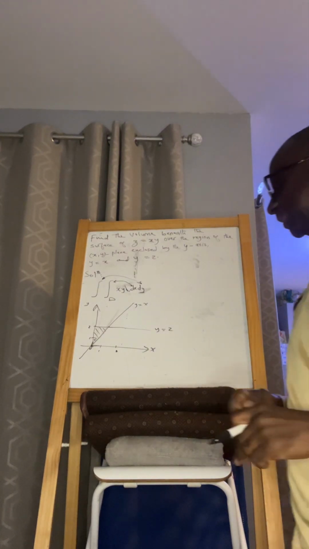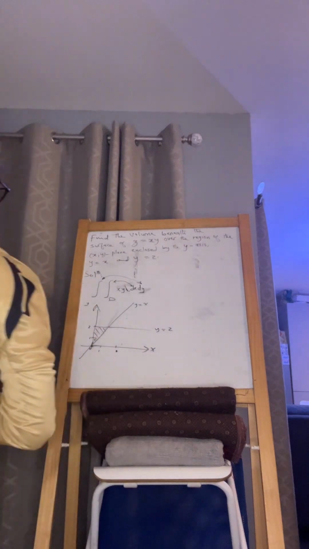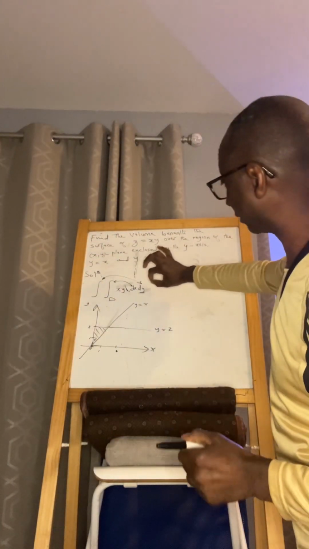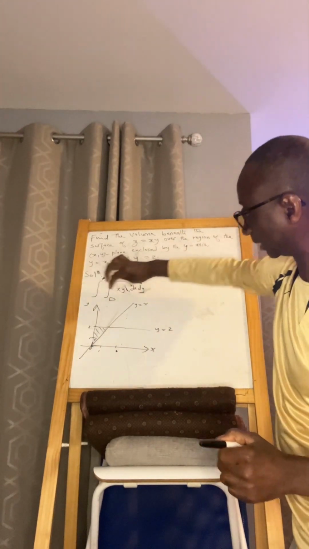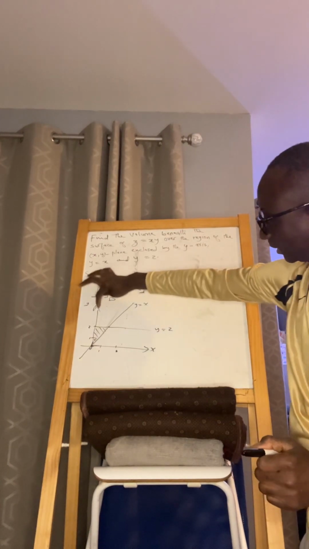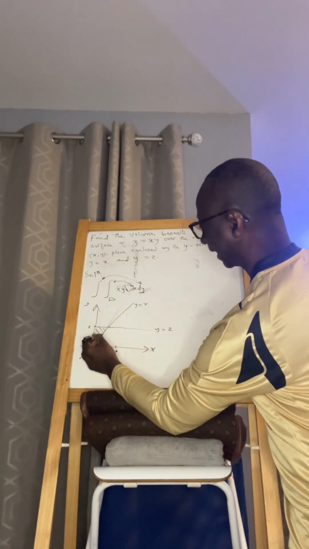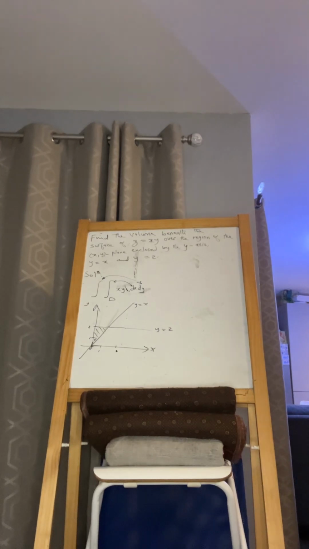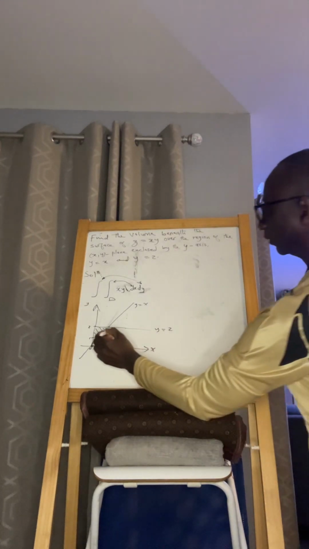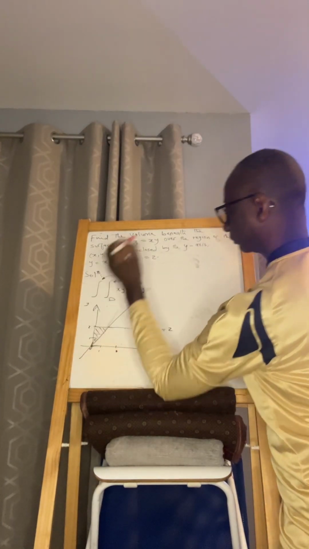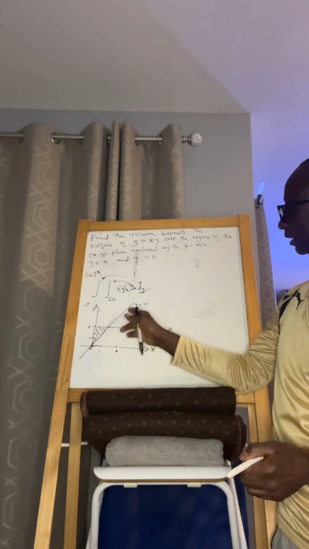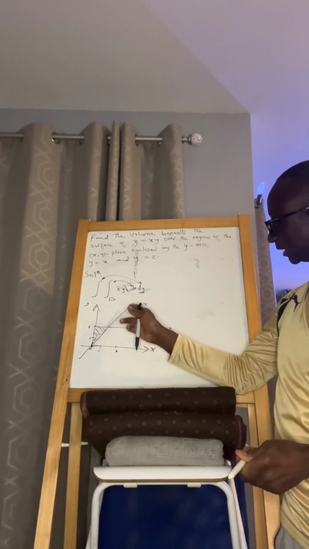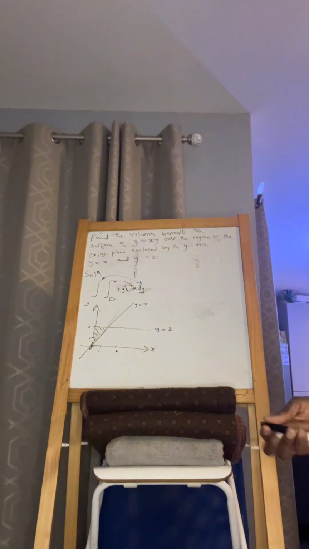So if that is the case, how do you get our limits of dy? We are working out the limit on the y-axis, dy. We are looking for the limits here. They have to be numbers. So we are working on the y-axis. This is the y-axis. So if we cut another line through here, from the y-axis to this line, y equals x, we want to get our limits there.